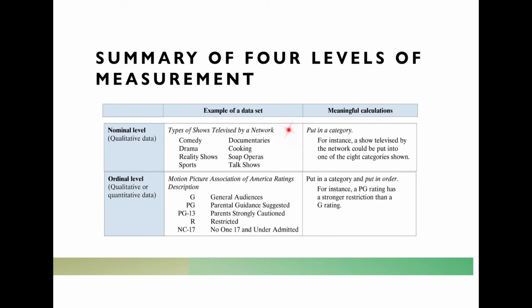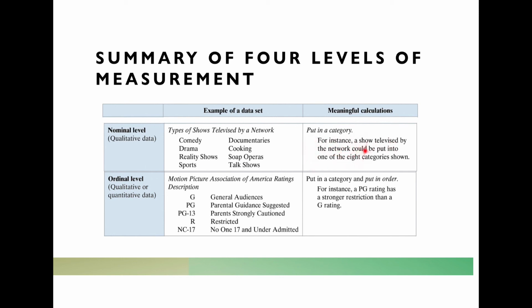On the nominal level, they're giving us an example and then meaningful calculations that we could do. So we have types of shows televised by network. We have all these different categories that shows might fall into. And what can we do with it? Well, we can put them into categories. That's all we can really do.